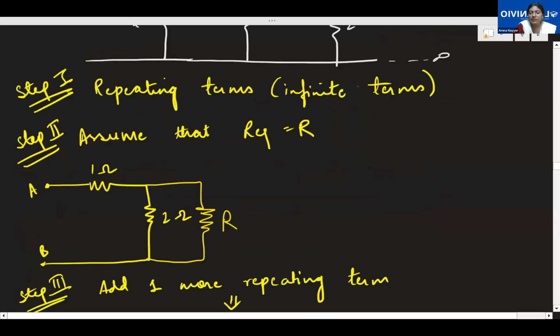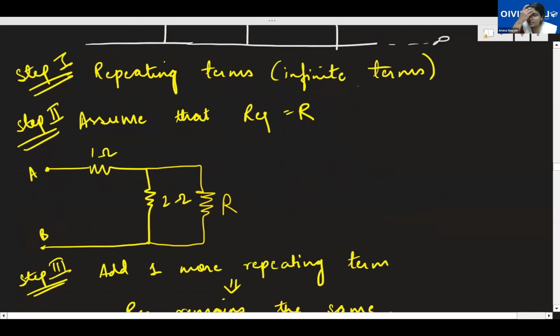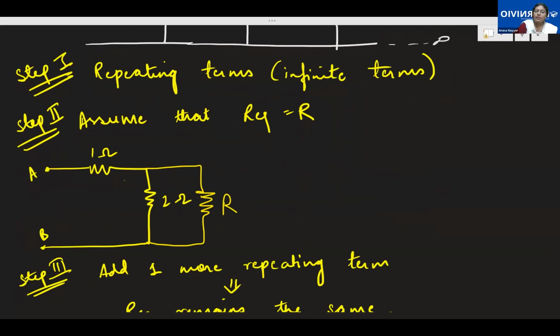So how do we solve infinite? You assume total resistance R and just connect the repeating term with it. Whatever the answer to this new circuit is, the new resistance will still be equal to R equivalent. That is R only.